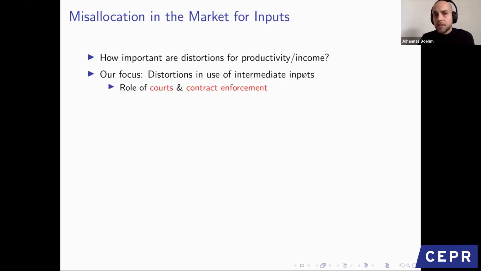So this is a paper that is also about that. But in contrast to the existing literature, we're looking at distortions in the markets for intermediate inputs. And we want to link these distortions in particular to things that may be affected directly through policy. So we're going to link these distortions in intermediate inputs to the role that courts of justice play in the enforcement of contracts between buyers and suppliers.